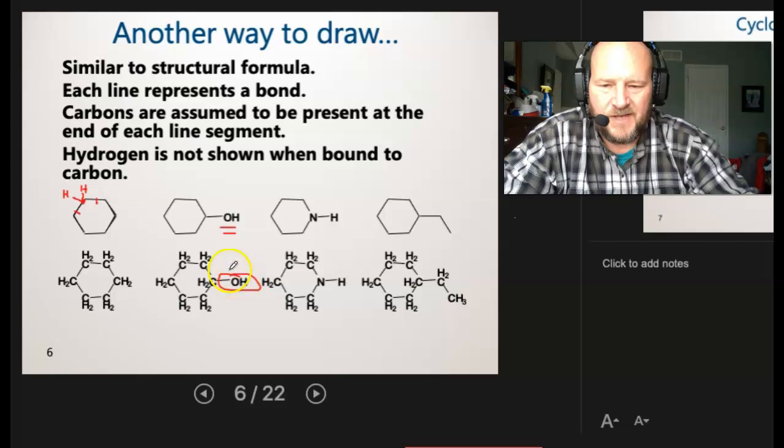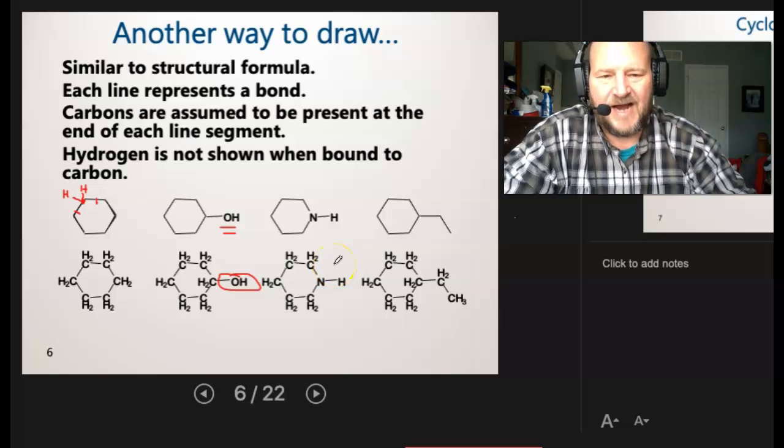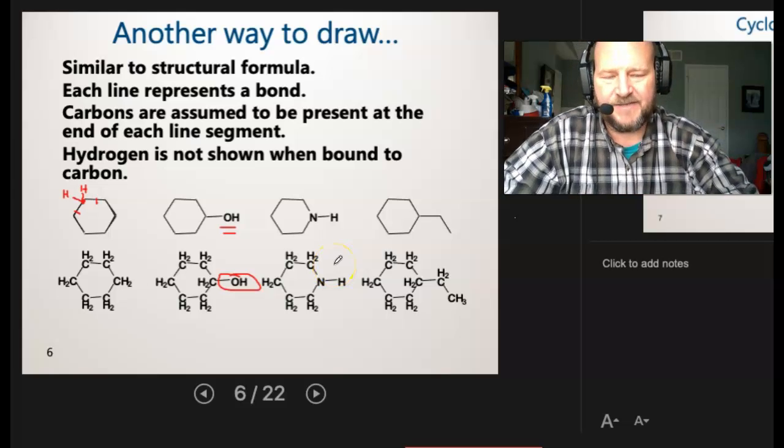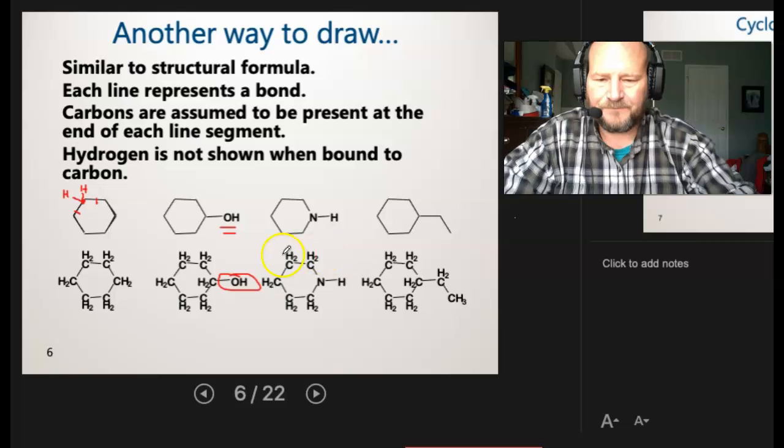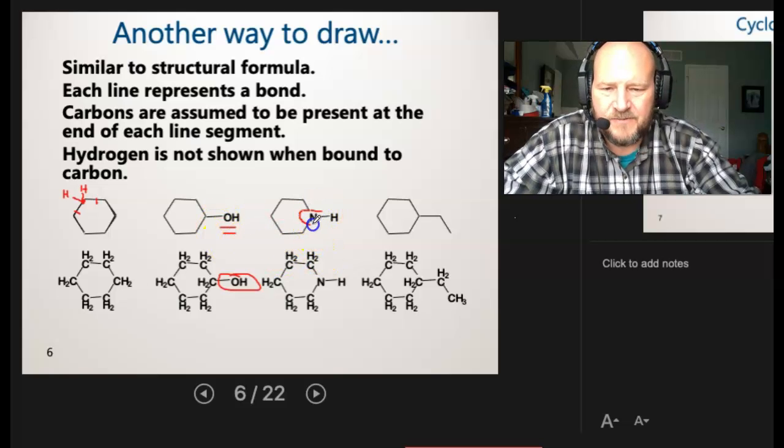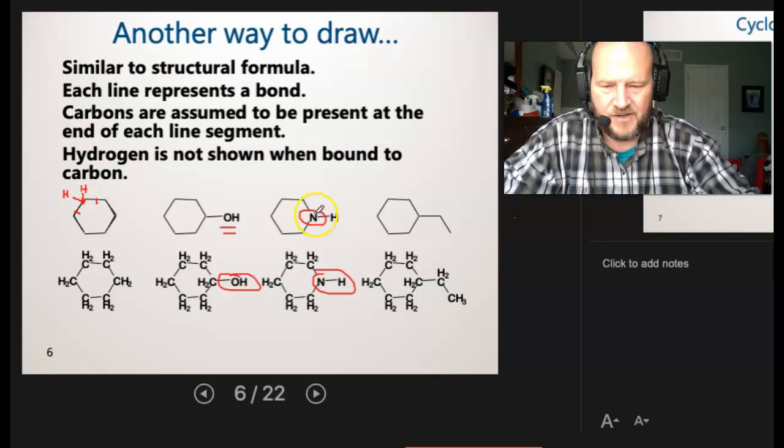If they're functional groups, we like to show the functional group even in the line segment drawing, simply because, remember I said, the functional groups are how organic compounds react. And so we like to see those, that way we know what reactions to expect when we see the different combinations. Here's the same thing. We have a nitrogen, our heteroatom in there, and so we'll keep that heteroatom in and however it's connected. So here we can see this is what's going to be called a secondary amine.